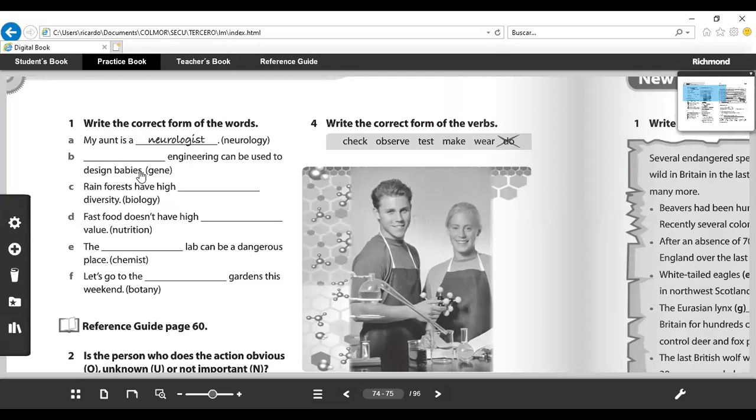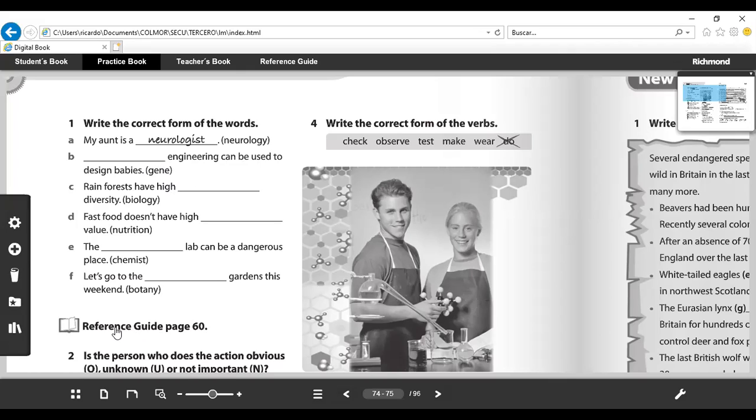Now, the next one right here, it says engineering can be used to design babies. And the key word is gene. So the correct word right here is going to be genetics. Genetics, okay?